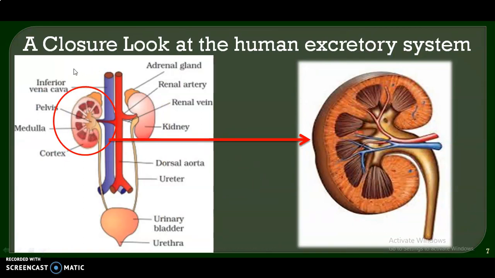The other parts of the human excretory system are pelvis, medulla, and cortex. But where are these parts present? These parts are present within the kidneys.